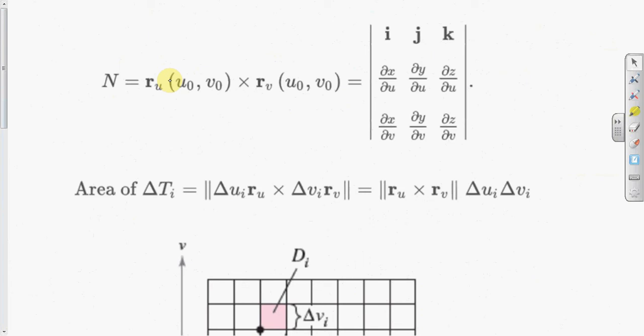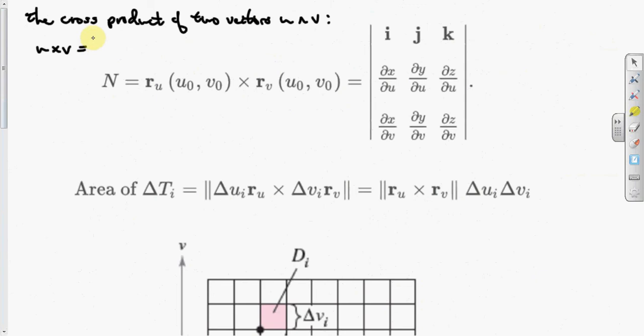Well, that cross product is precisely this right here. It's the cross product based on the cross product definition. Now let me tell you, if you were back in chapter 11 and you were talking about the cross product of, let's say, two vectors u and v, u crossed with v is the determinant of i, j, and k, which is always in your first column.